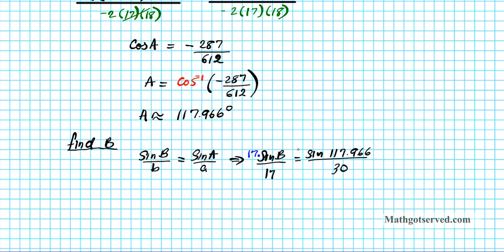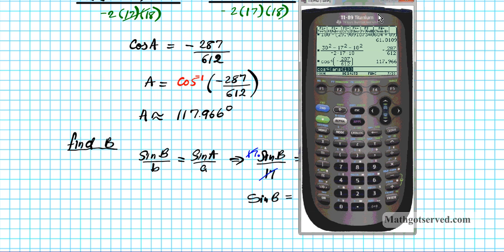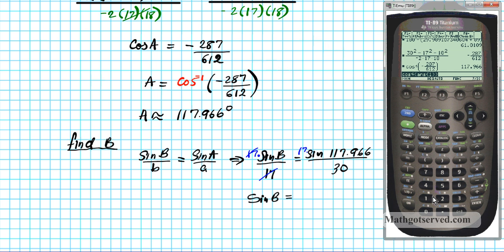This 17 cancels out, and we'll have sine B equals, let's plug that expression into our calculator. So we're going to have, in the numerator parentheses, 17 times sine of the answer we got before. Let's insert that, close it, divided by 30.